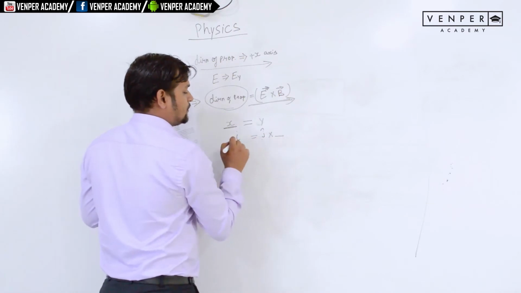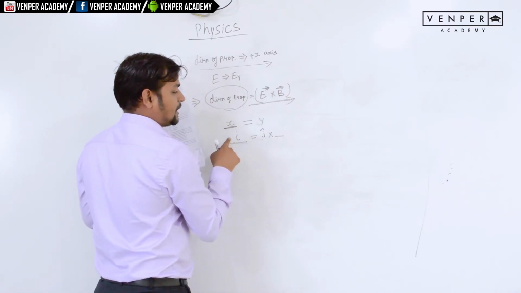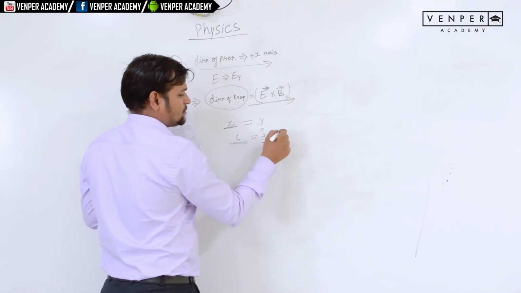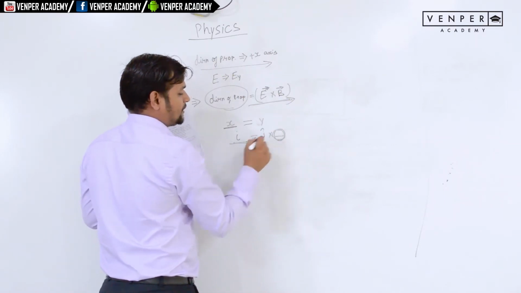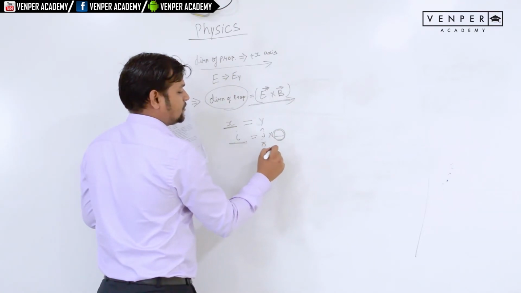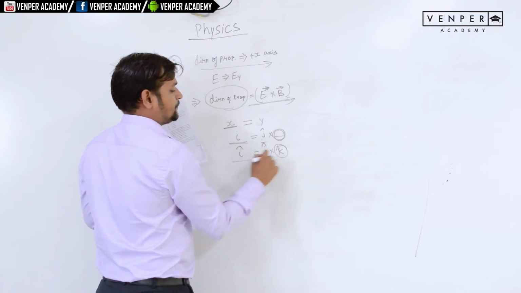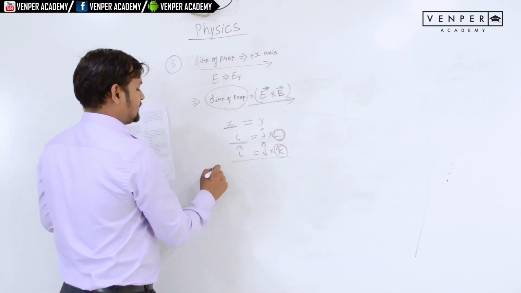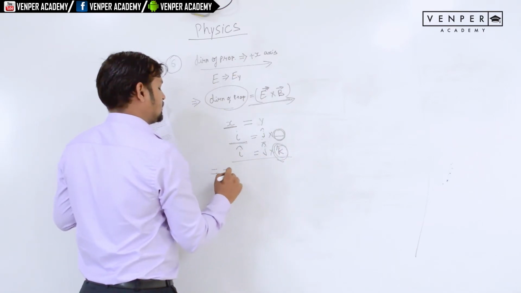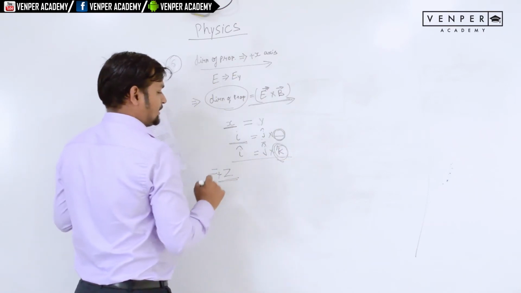So the direction of propagation is along i, the oscillation is along j, so j cross which unit vector will give you i? Simple rule: j cross k will give you i cap. Clear? So the correct answer is k cap, which means it is oscillating along the positive z direction.